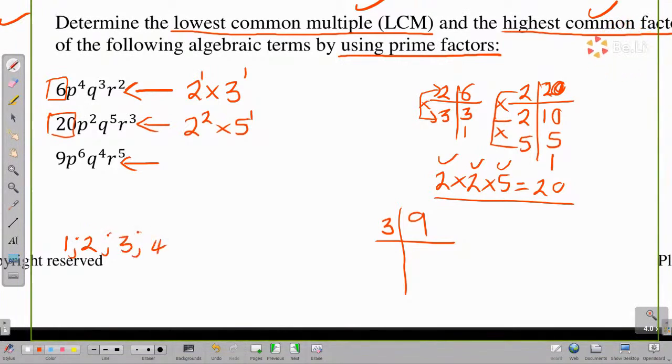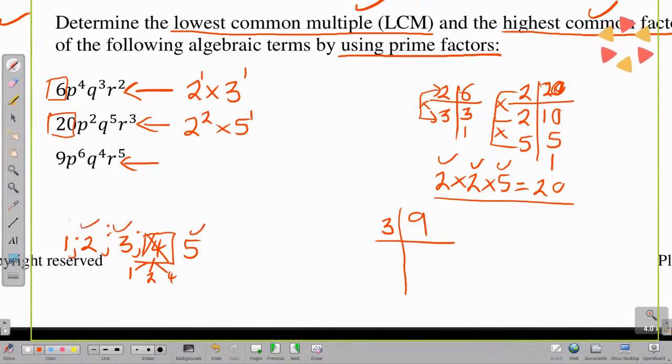From 3, let's try 4. Is 4 a prime number? No. Why? Because the numbers that go into 4 are 1, 2, and 4. The moment there are more than 2 numbers, automatically that number is not a prime number. Let's go to 5. 5 can be divided by 1 and itself. Yes.